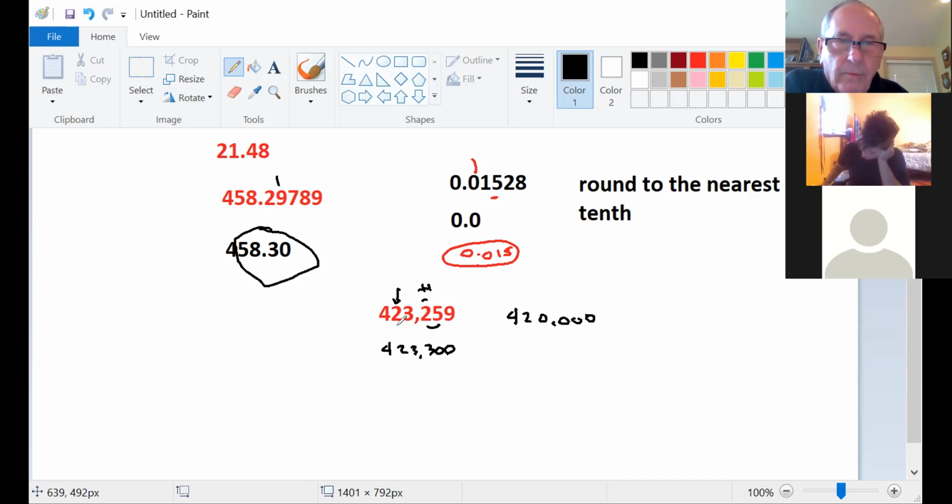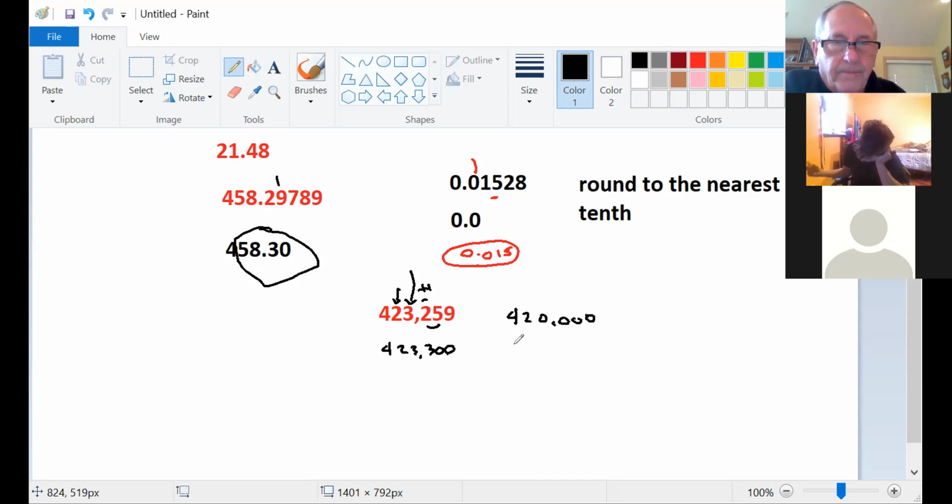And what if I said rounded to the nearest 1,000 place? Here's the 1,000 place right here, the 3, right? So I say rounded to that. I look to the right. This is less than 5. This thing doesn't change.